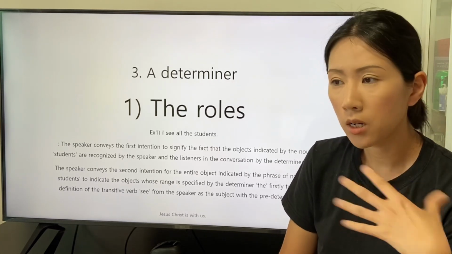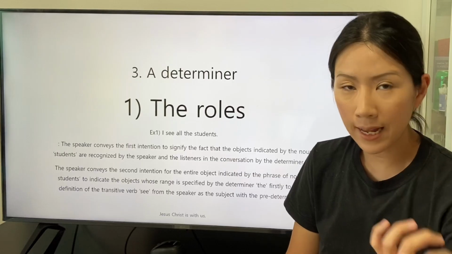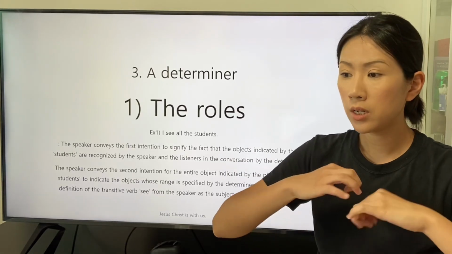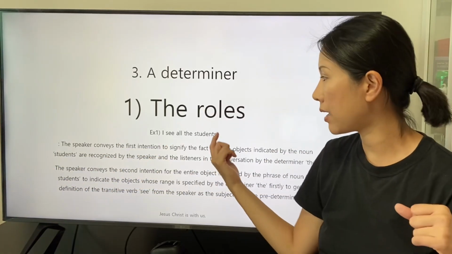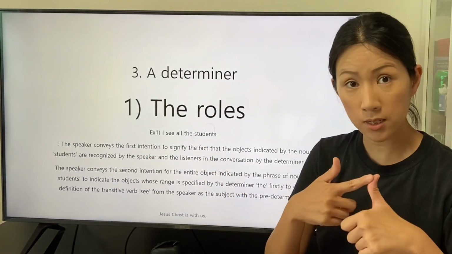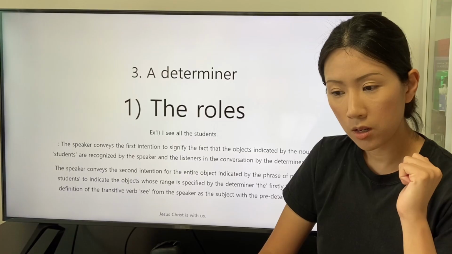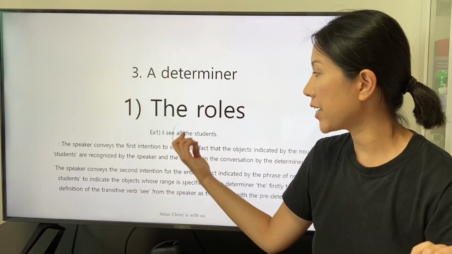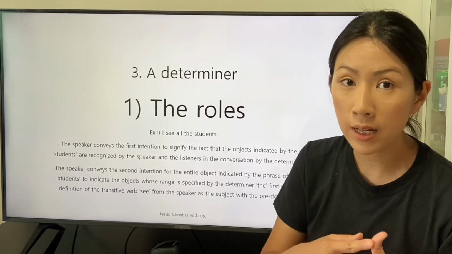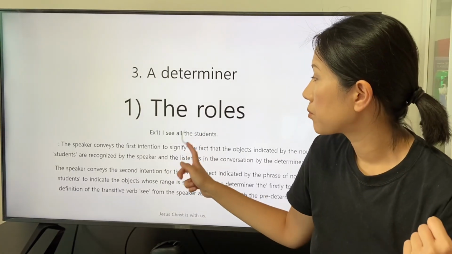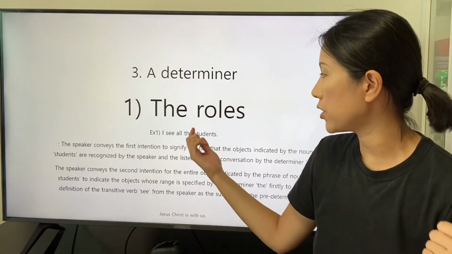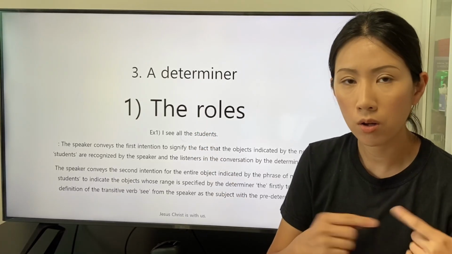The speaker intends to indicate the object indicated by the general noun student who are already introduced in the conversation among the speaker and the listeners from the prior context according to the definition of the determiner the.